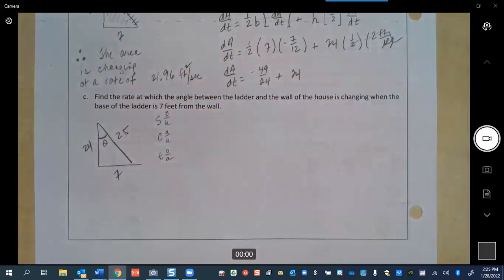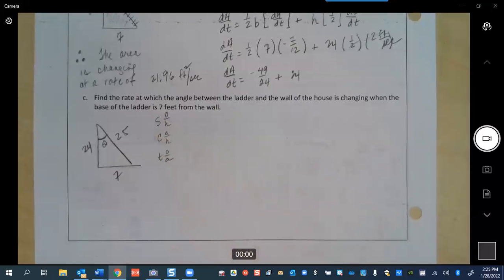Are you a SOHCAHTOA person? I'm a some old hippie. Some old hippie caught another hippie tripping on acid. So cute, when I used to say that to my 8th graders, they thought tripping meant they fell over.